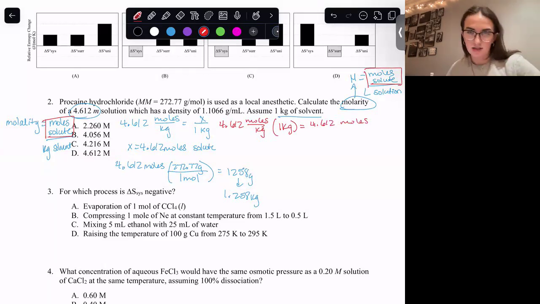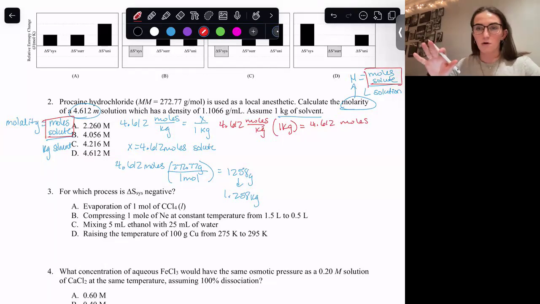It's the same way, just whether you want to see it as a proportion or a dimensional analysis. So that translates directly: we're going to be able to use the 4.612 moles of solute directly for molarity, because those are the same.